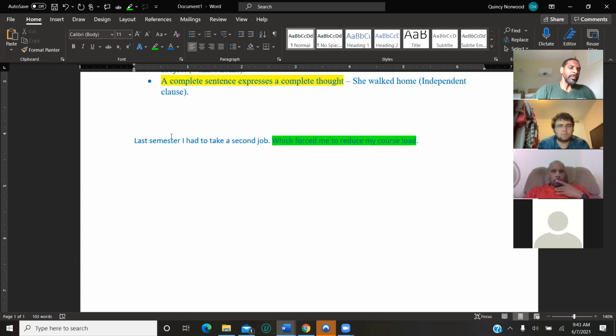And then just as a rule to keep in mind moving forward, if you're not asking a question, like which one is it, or which store do you want to go to, when you start a sentence with which, it's very likely going to be a fragment. Almost 100%.